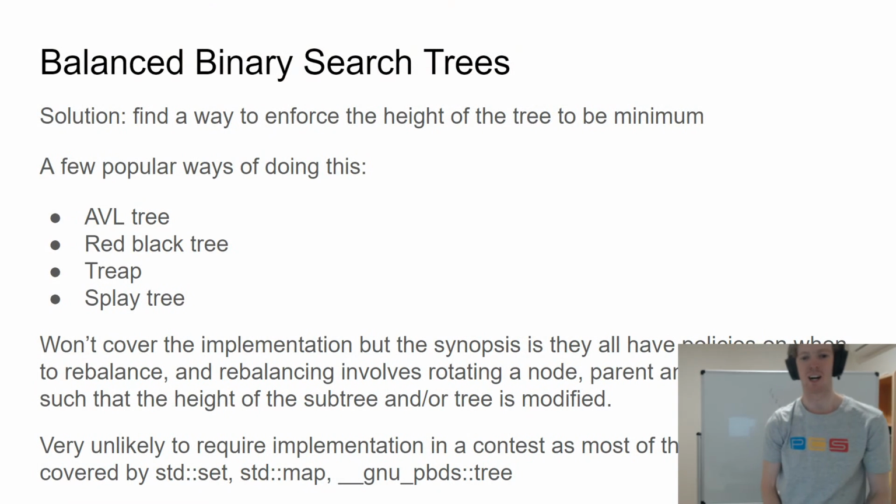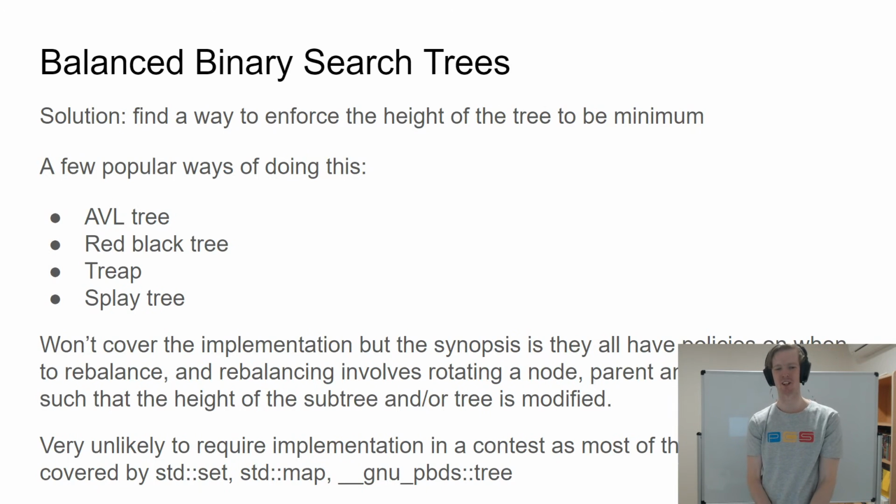So yeah, we're very fortunate in C++ that all of this is pretty much implemented for us already. It's only if you need to add augmentations to these kind of data structures that you can't just use the ones in the standard library. So standard set and standard map are implemented as red-black trees, and GNU policy-based data structures are also red-black trees, but they allow ordinal searching.